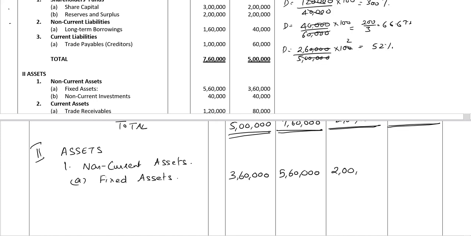Difference 2 lakh rupees. And for the final column, it's 2 lakh divided by 3,60,000 multiplied by 100. 55.56%.